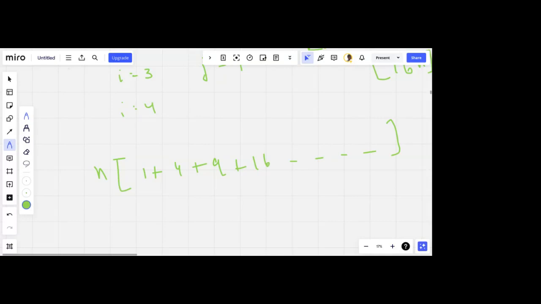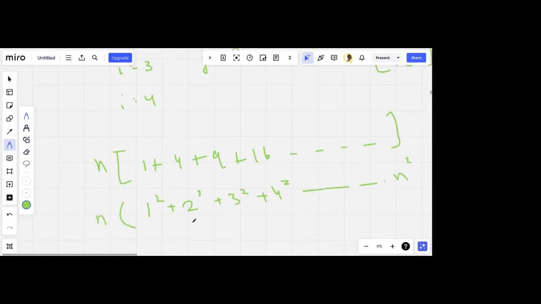Now, this is nothing but the sum of the squares of the first n natural numbers. So this will be 1 square plus 2 square plus 3 square plus 4 square plus so on, up to n square, into n.